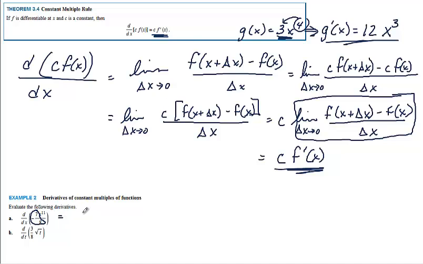So I'm going to say negative 7/8 times the 11 drops down, and then x to the, and it drops a power. So this would be negative 77 over 8 x to the 10.